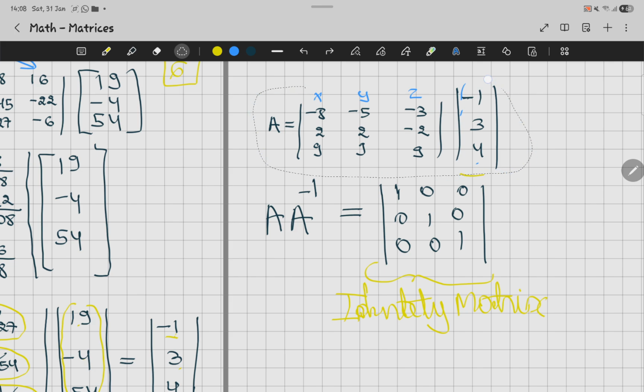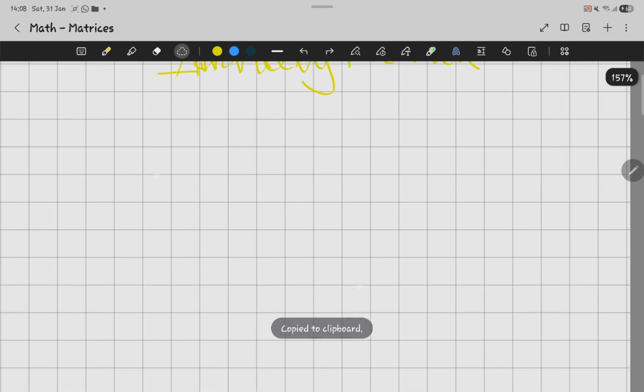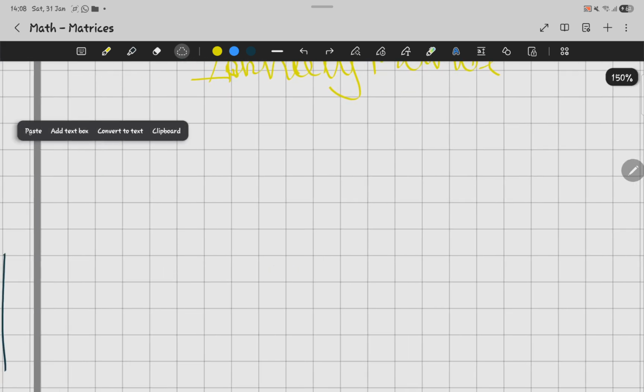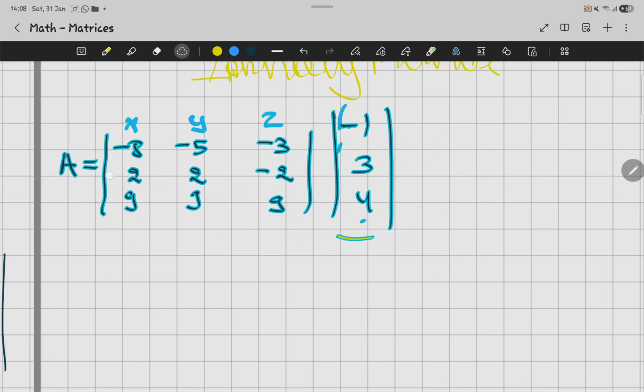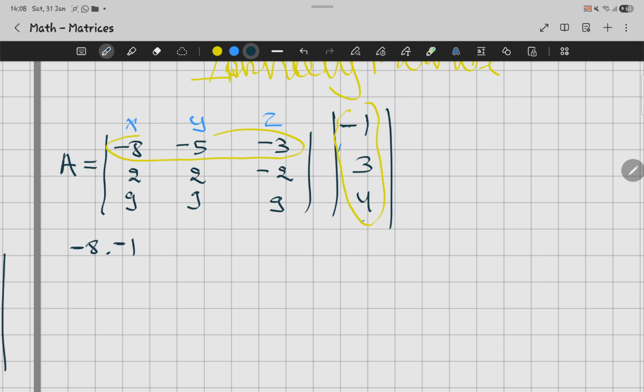I'm just going to copy. Okay, and I think there's some space here I can use now. Like I said, it's going to be this one times that one. So I'm going to write it like this. The first one is going to be -8 times -1.